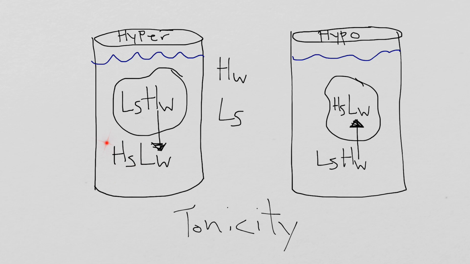If it has high solute, it's going to be hypertonic. If it's low solute in the solution, it's always going to be hypotonic. And then just remember that things are going to go opposite. If you're higher on the outside, you're going to be lower on the inside, and water is going to be the opposite of the solute. So you're going to have low water and high water.